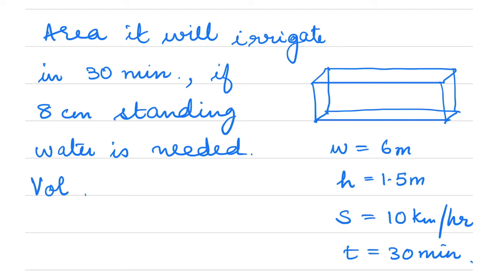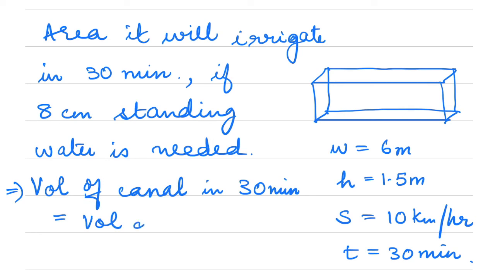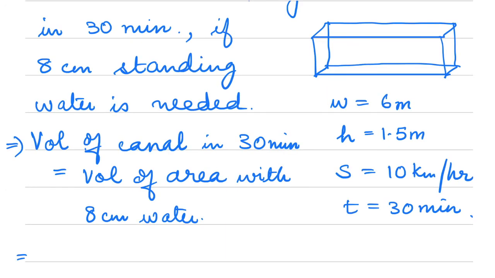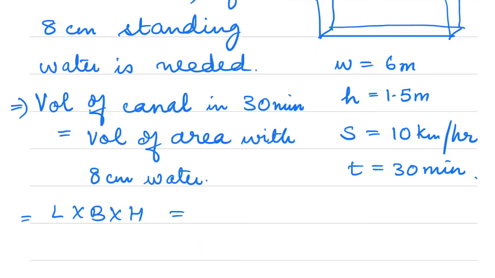The volume of the canal in 30 minutes is equal to the volume of the area with 8 centimeter water. The volume of the canal I can denote by L into B into H, and this is equal to the volume of area in the field, right?